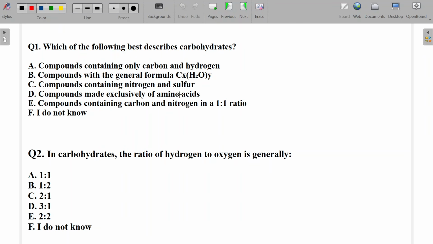Remember the way that you defined carbohydrates. You said that carbohydrates are hydrates of carbon, meaning that somewhere there might be something like water. So the best answer which you can put here is B. Okay, so B is the answer.